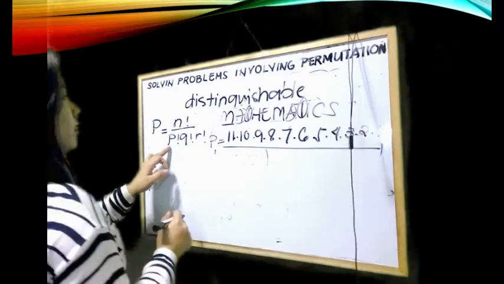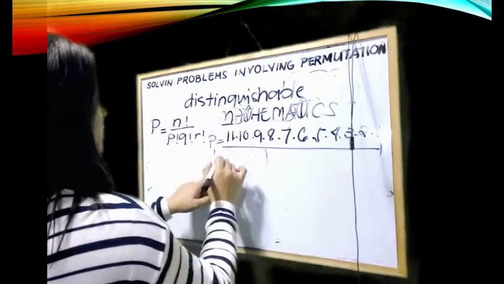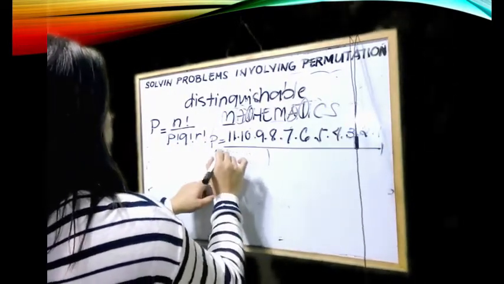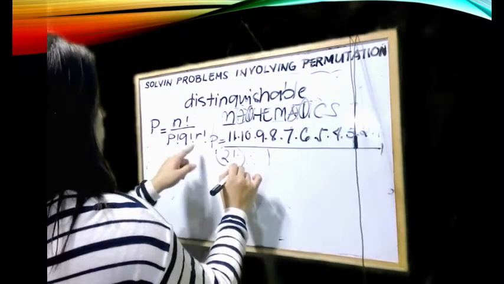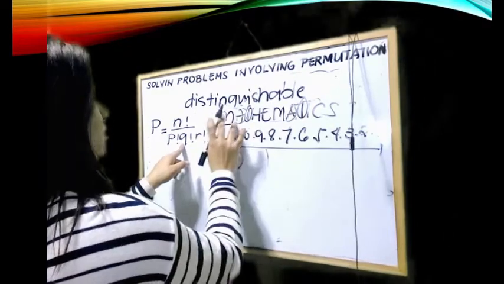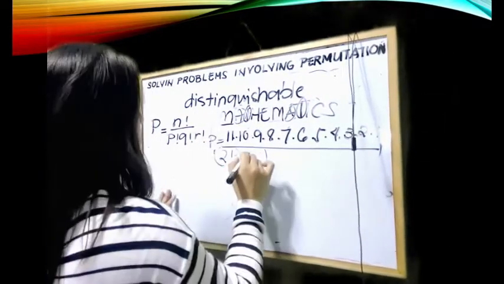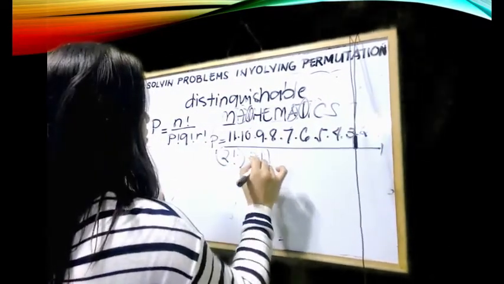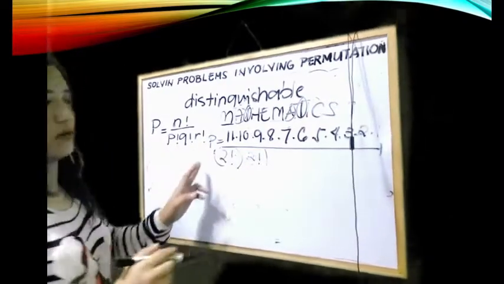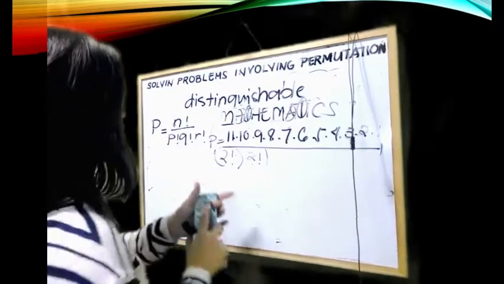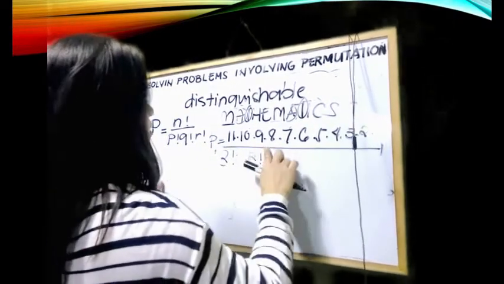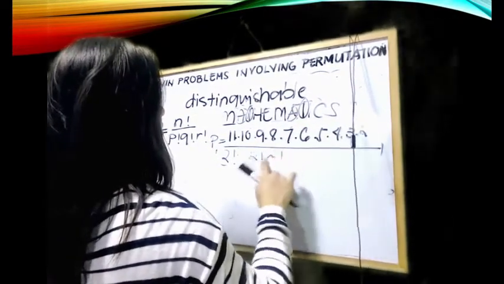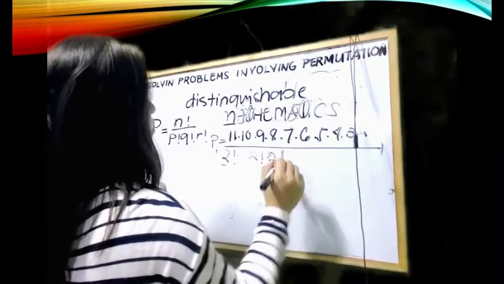Your P, those are the M's that are repeated twice, so that will be 2 factorial. Your Q is represented by letter A, which is also repeated twice, so it's 2 factorial. Same with your R. I'll remove this parenthesis. So that's R factorial, I mean 2 factorial.